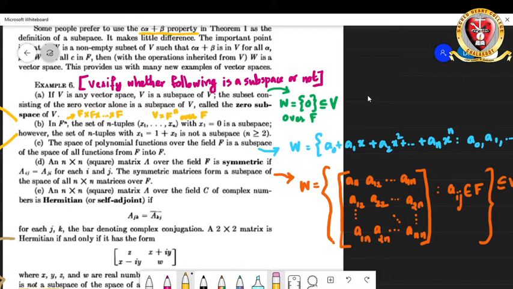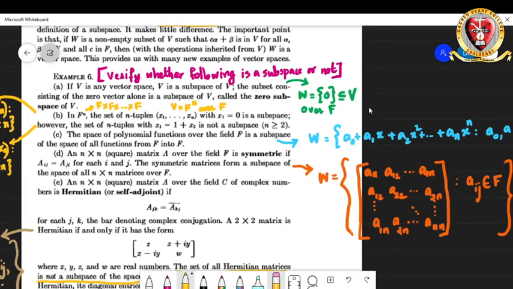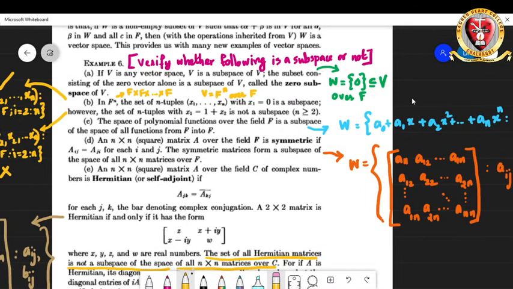The zero polynomial will be the constant function 0, and the negation of the coefficients can make a polynomial and its additive inverse. So definitely that is a vector space.